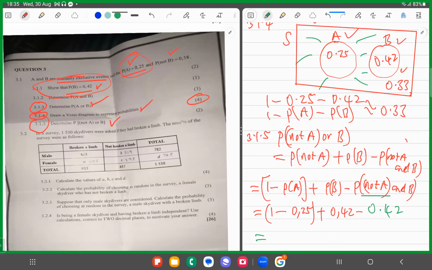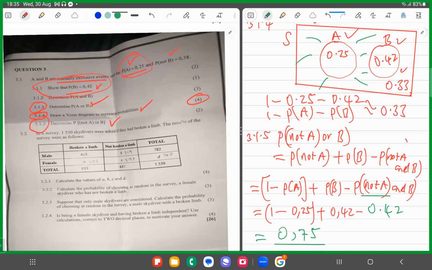Okay, it's easy. 0.75. Because 0.42 and 0.42 cancel out. So now the probability here is 0.75. That's the probability of not A or B.